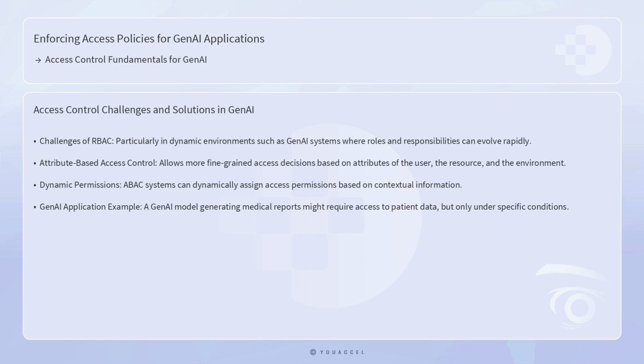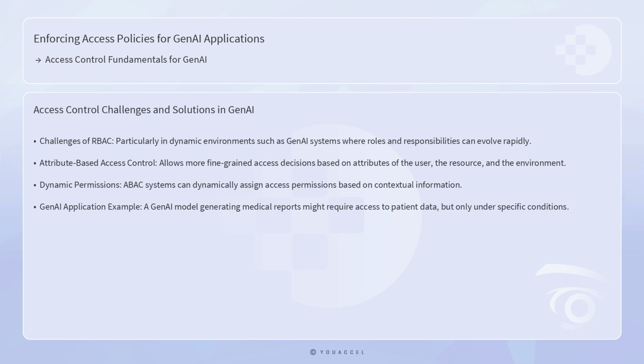However, RBAC is not without its challenges, particularly in dynamic environments such as GenAI systems, where roles and responsibilities can evolve rapidly. To address these challenges, organizations may employ attribute-based access control, which allows more fine-grained access decisions based on attributes of the user, the resource, and the environment.